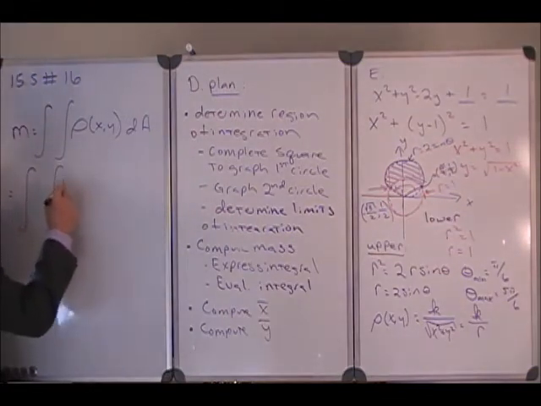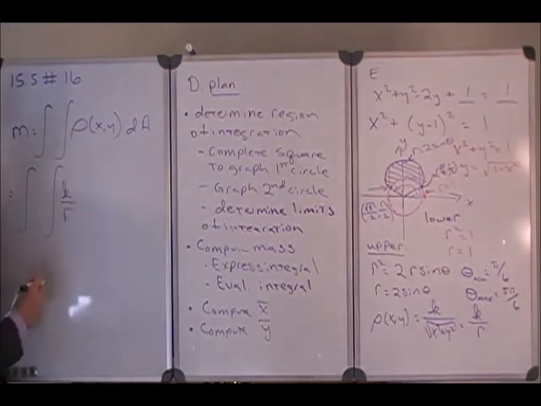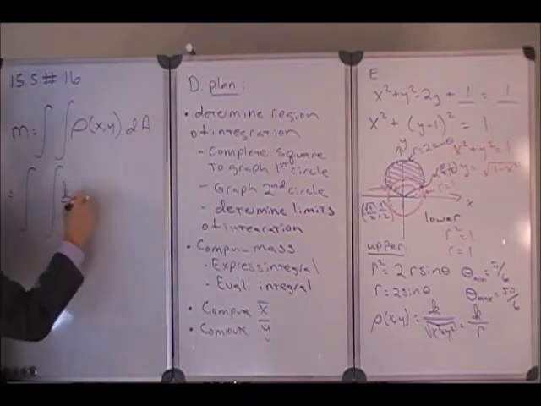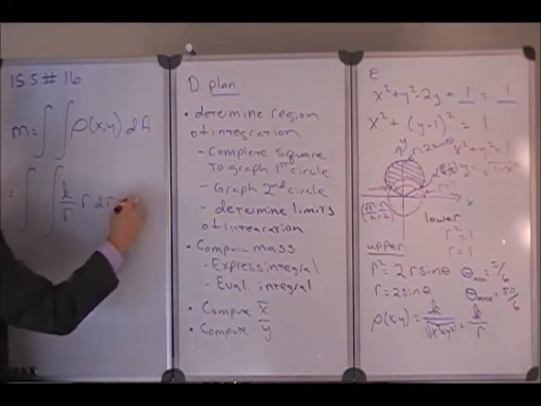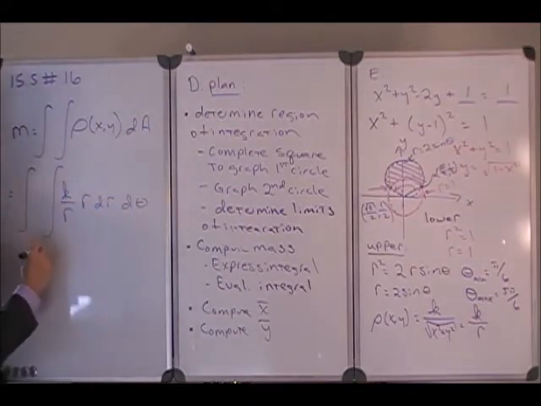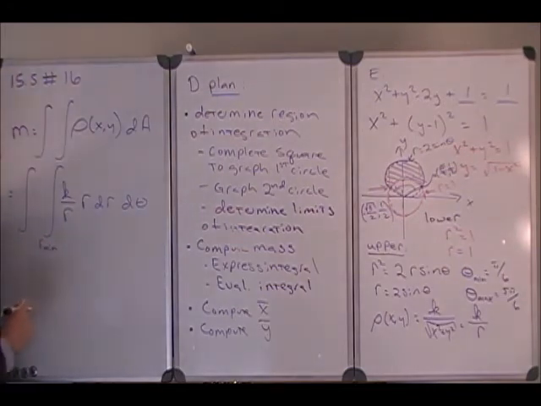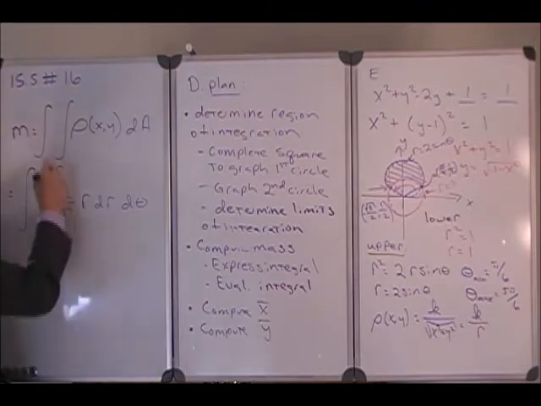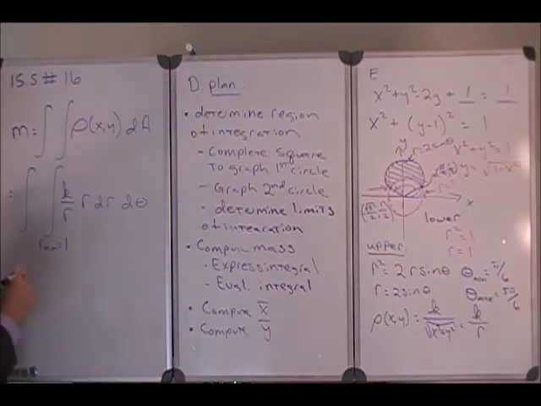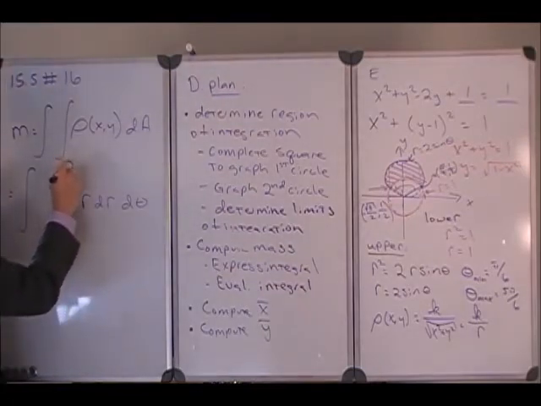So the density is k over r, dA is r dr d theta, r min in this case is 1, and the upper limit of integration in r is 2 sine theta.